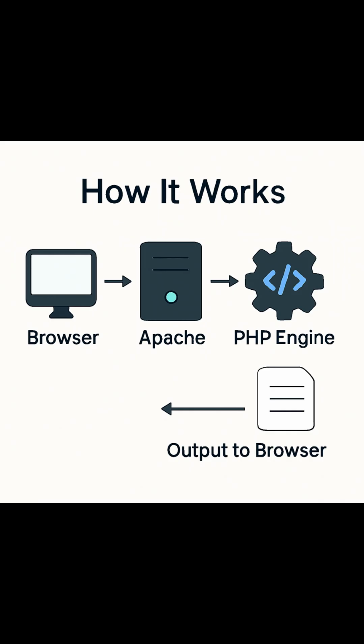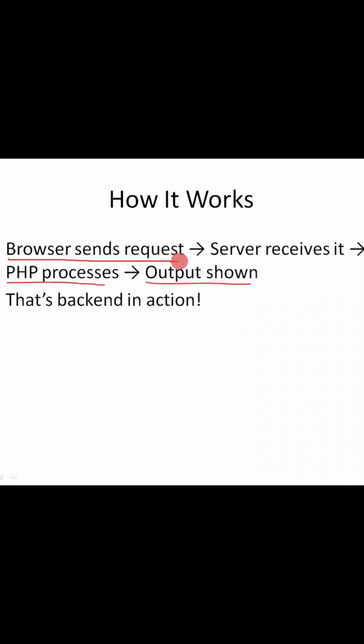Your browser is what we call the front end, and it sends requests. These requests are being processed by PHP, and they send the request and receive a response from the server. That is the back end in action.